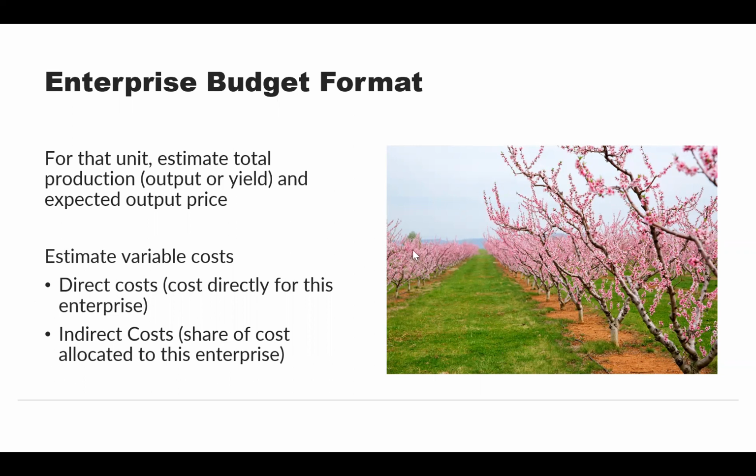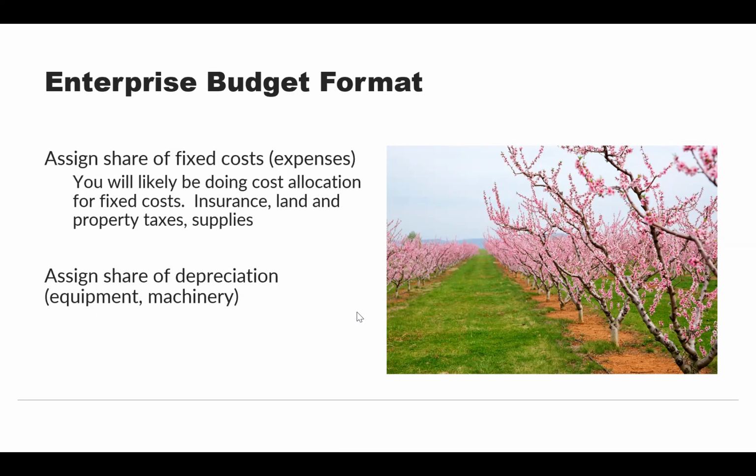So for your indirect variable costs, you want to put your effort into being careful to allocate those costs as close to being a direct cost as you can, and that will help you be more accurate.